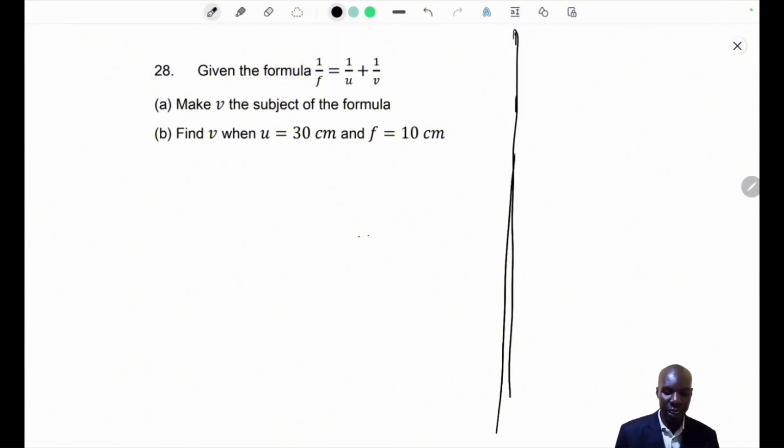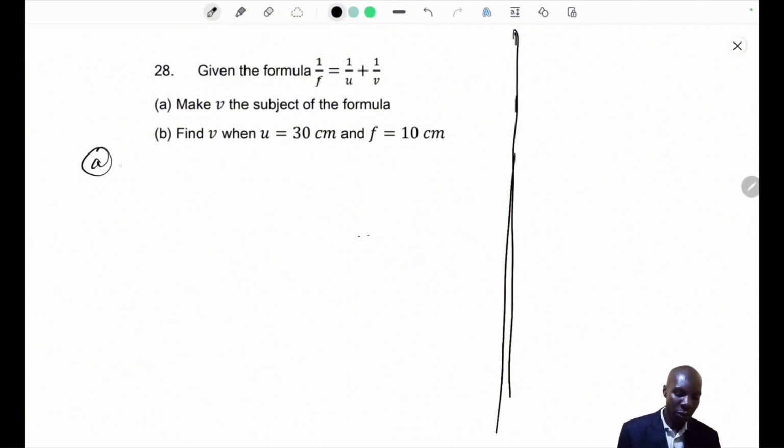Number 28, given the formula 1 over f equals 1 over u plus 1 over v. Part A, make v the subject of the formula. Part B, find v when u equals 30 centimeters and f equals 10 centimeters.